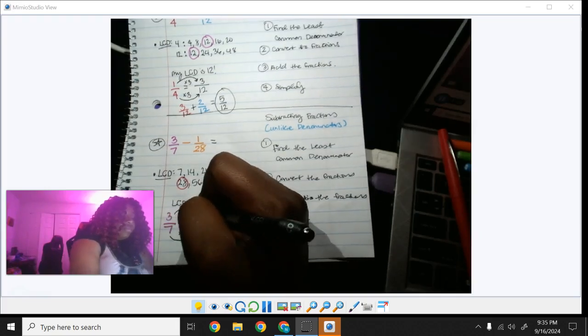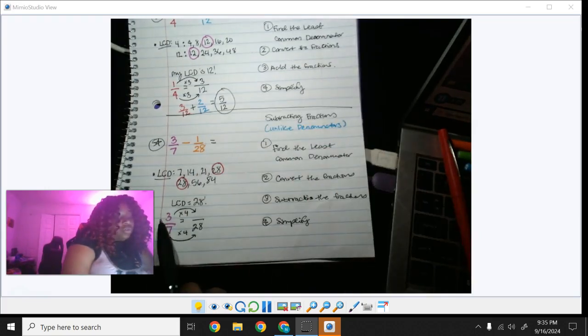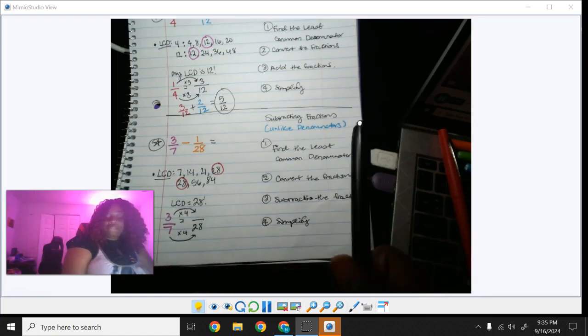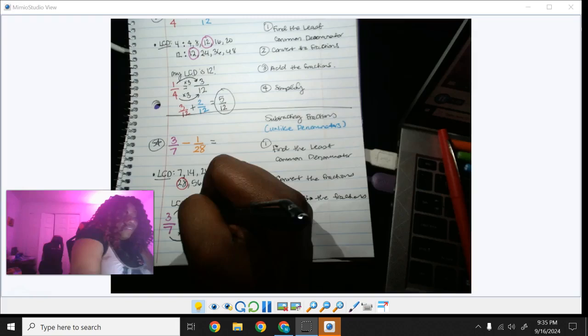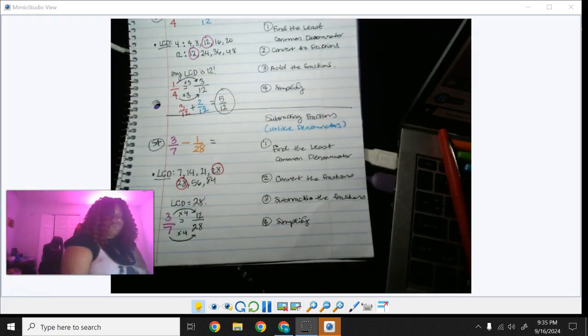Whatever I do to the bottom, I must do to the top. So whatever I do to the denominator, I must do to the numerator. So 7 multiplied by a factor of 4 gives me 28. 3 multiplied by a factor of 4 gives me 12. So now I can subtract the fractions.